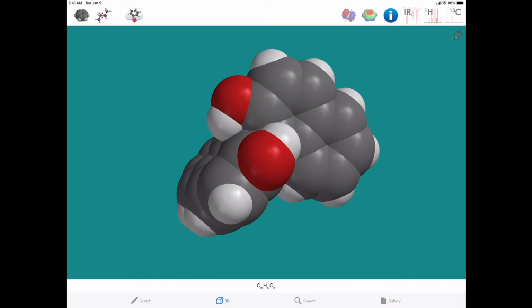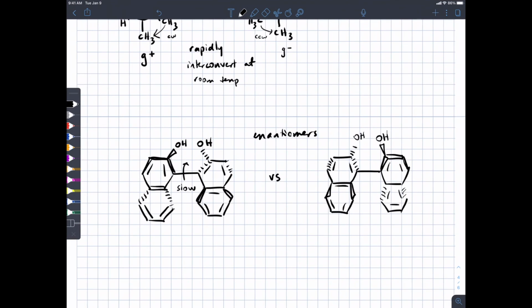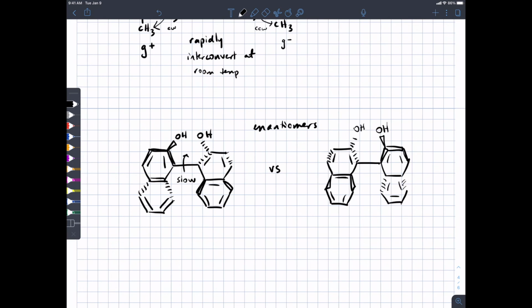Now, this is bizarre in some ways because this is a chiral molecule without any stereocenters, right? I can't point to a tetracoordinate carbon that has 4 different things on there. I can't identify a stereocenter. So we have to have a different way of talking about chiral molecules that are chiral because of slow rotation around a carbon-carbon bond.